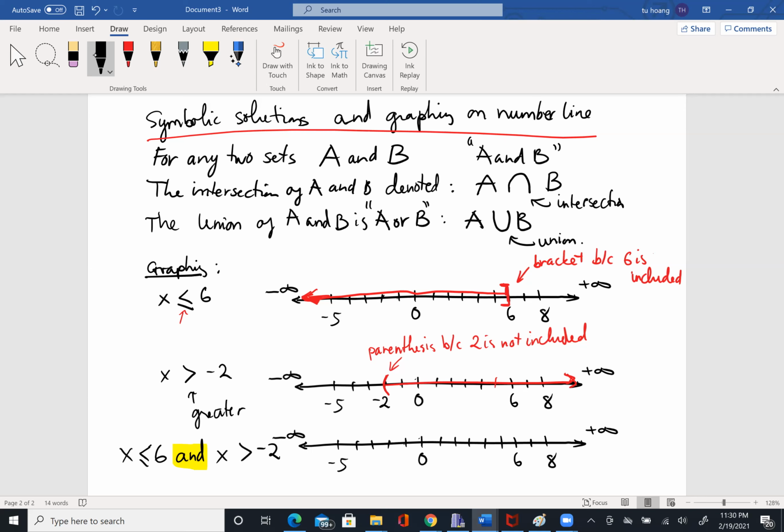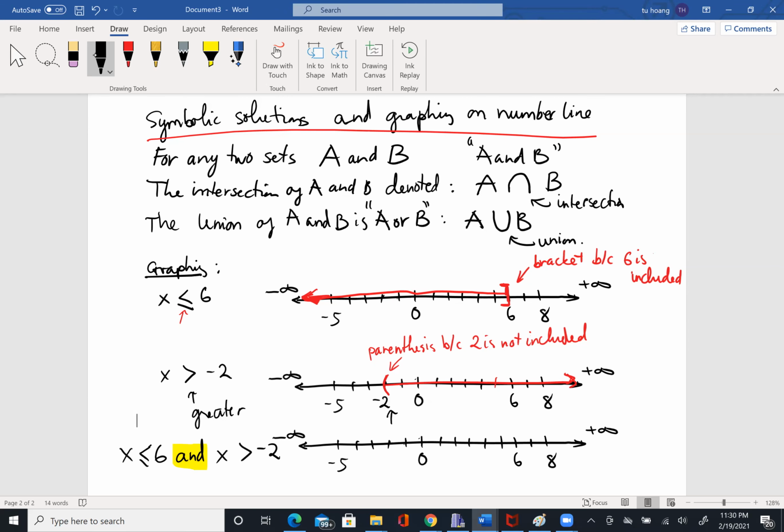You will try to have the lowest value that satisfies both sets on the top. So the lower value that satisfies both sets should be this -2.